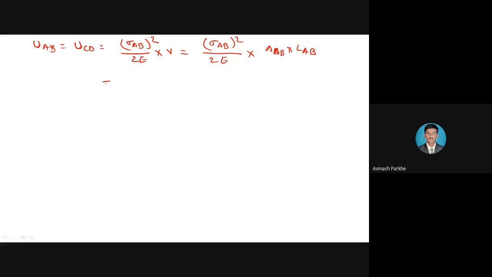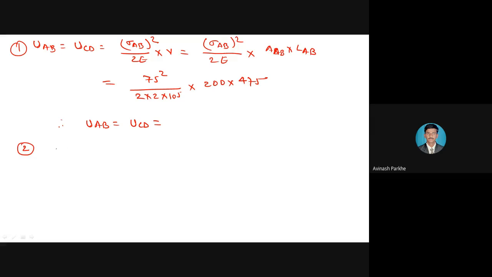So put the values. Sigma of AB we have calculated 75 square divided by 2 into 10 raised to 5 into area of AB 200 into length 475. Therefore, you will get U of AB is equal to U of CD. Calculate the value. This is the first calculation.